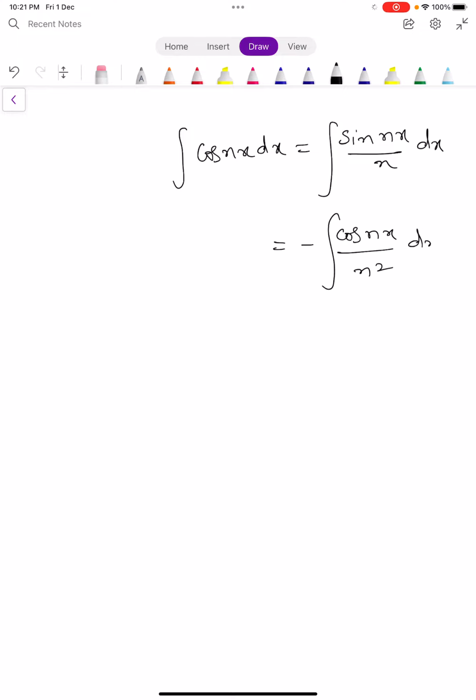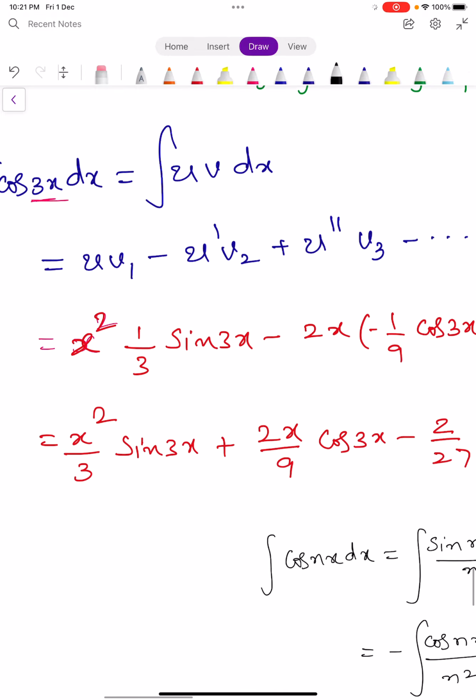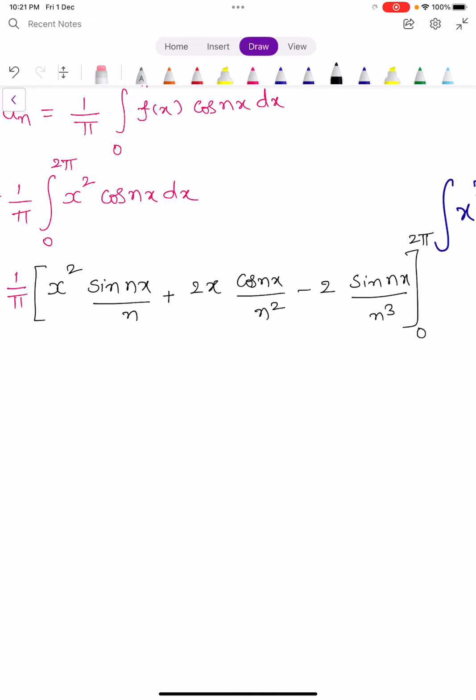If you integrate one more time, you get minus sin nx by n cube, and so on. So by using this calculation, here we get x square sin nx by n plus 2x cos nx by n square minus 2 sin nx by n cube.